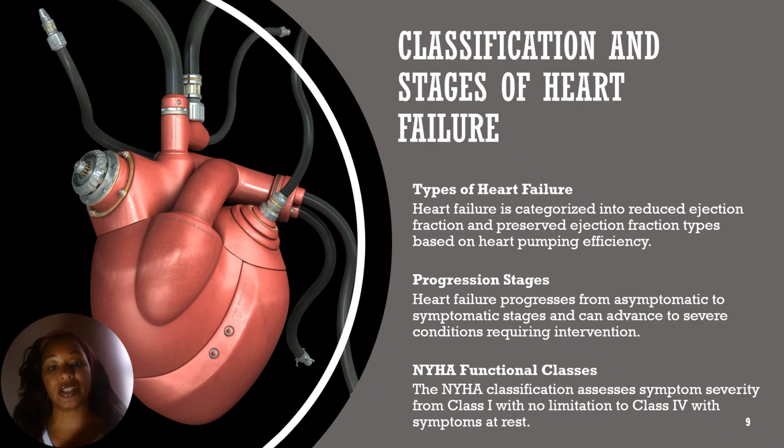The New York Heart Association functional classification is commonly used to assess the severity of symptoms and functional limitations in four stages ranging from Class 1, no symptoms, to Class 4, symptoms at rest. Understanding these classifications helps guide treatment decisions and prognostic assessments.